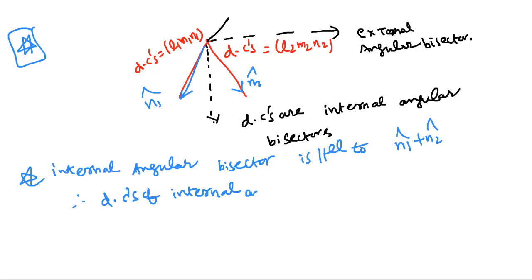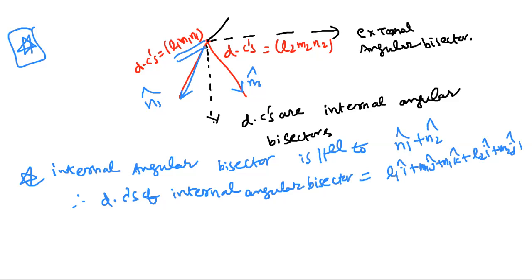N1 cap is nothing but DC1, which is L1 I cap plus M1 J cap plus N1 K cap, plus L2 I cap plus M2 J cap plus N2 K cap, divided by mod of N1 cap plus N2 cap.